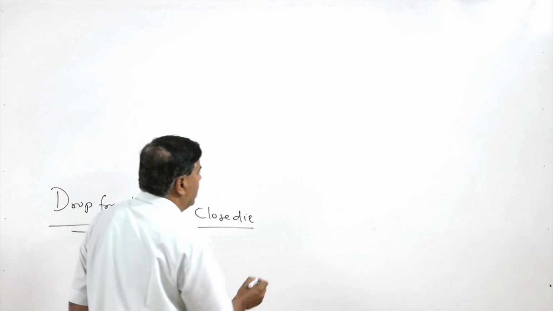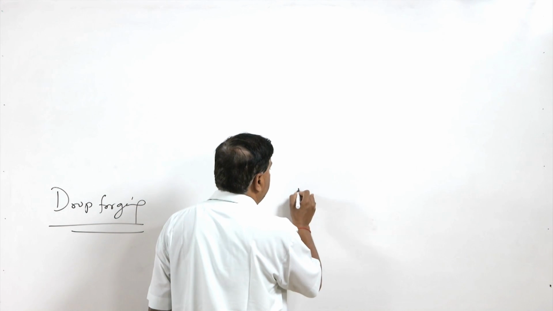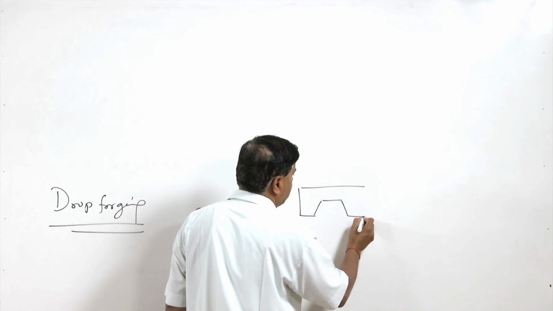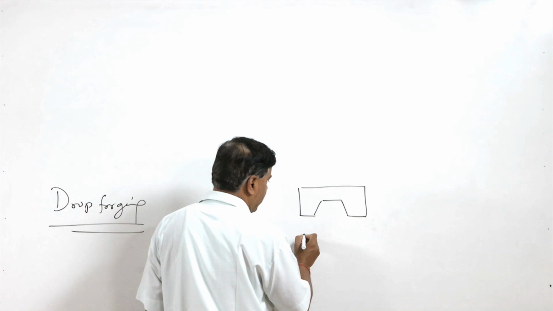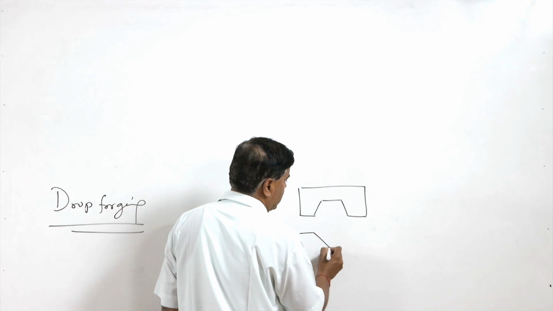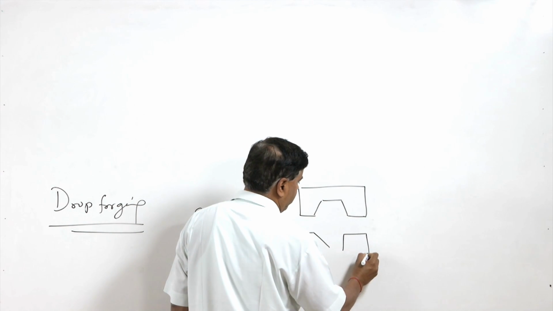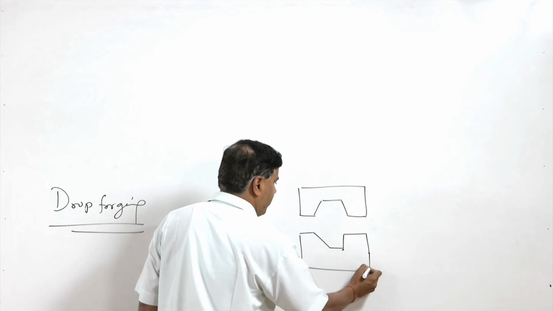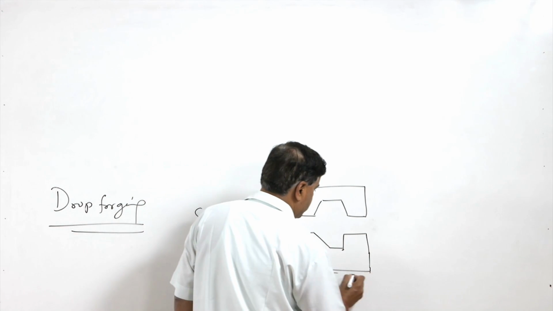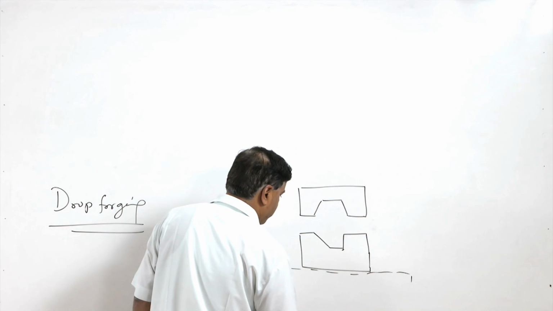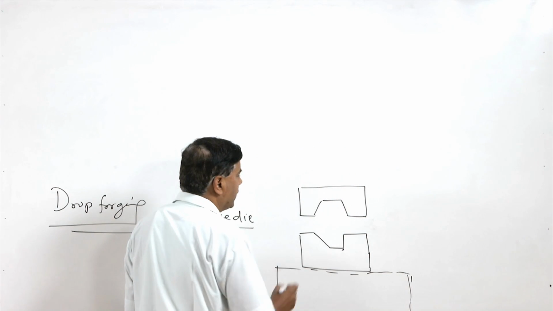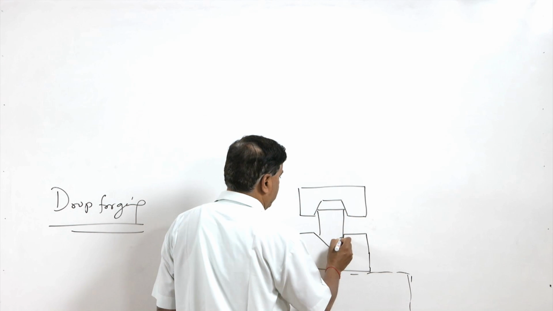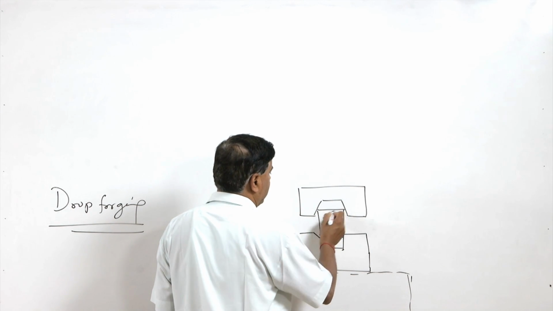So, here according to the shape of the product to be made, we will have to make the die like this. This is the upper die, and say this is the lower die. So, this will be placed over the table of the press, and here we will be placing the stock or the material like this.